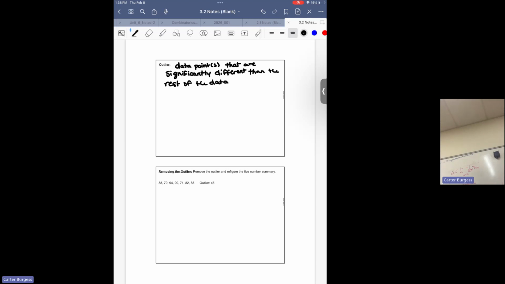So maybe most of our values are clustered around 70 and we get one data point that says 10, or like 3 data points that say 10 out of like 100. Or maybe most of our data is clustered around 4 and we get one data point that says 50. Now those are pretty extreme examples, but we're going to see a way right now to tell if something is an outlier or not using the IQR.